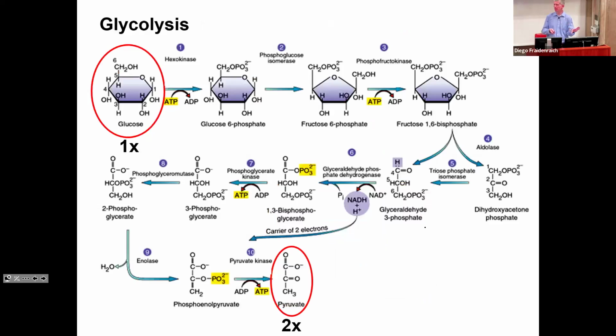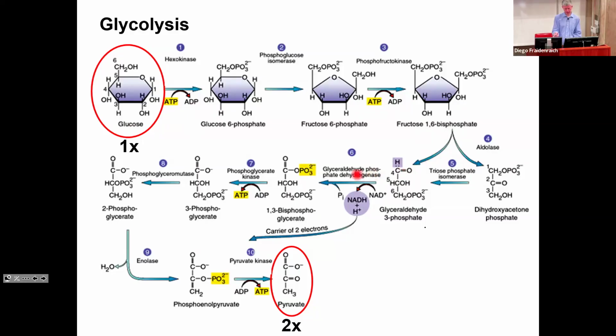You don't need to memorize this, but what you may want to remember is glycolysis, starting off with glucose. It undergoes multiple phosphorylation steps in the first part using ATP. Then it's split into 2 equal parts; it contains 6 carbon units, so we end up with 2 times 3 carbon units.